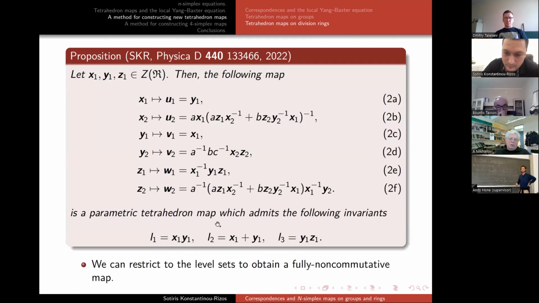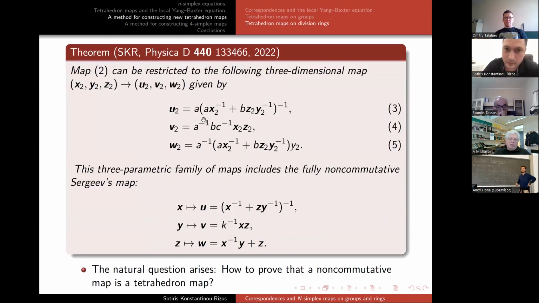In fact, if you do so, you will restrict to a parametric family of maps with parameters A, B, and C. And if you choose A, B, C to be the same variable K, then this map boils down to a fully non-commutative version of Sergeev's map. This is one of the maps that I showed earlier in Sergeev's list.